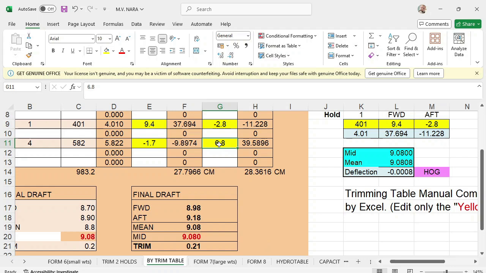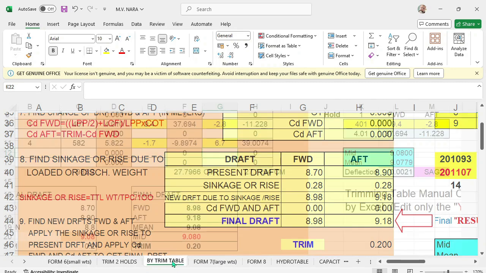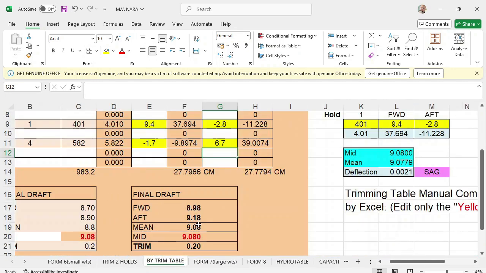That will be 6.7. Now we have a trim of 20 centimeters. Our mean drop is 9.08. Our mid is 9.08. Our forward drop is 8.98. Okay, and our aft is 9.18.